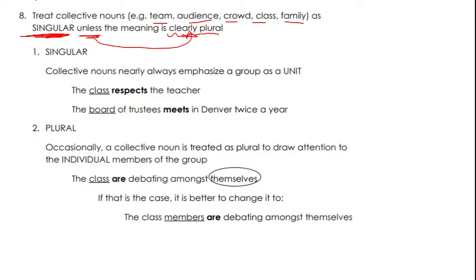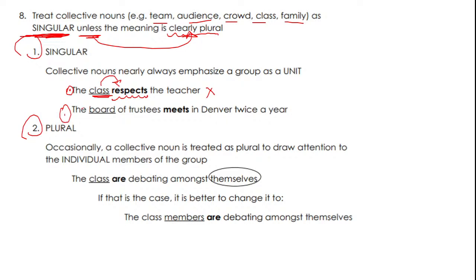So in this particular statement I have given here, 4, I guess, yes, 2 examples. The one was: the class respects the teacher. So here, the class respects, यहाँ पे आपको plural meaning दिख नहीं रहा है, right? So यहाँ पे singular के हिसाब से ही verb आना चाहिए, okay.